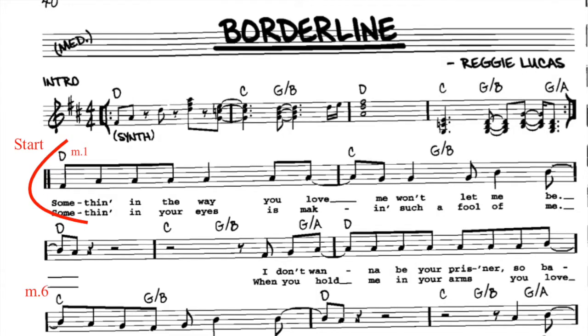You'll start, as usual, in measure 1 where the melody starts. The chord progression here is pretty fun, and pretty repetitive in the verse. It's a cool little chord progression with D, C, and G, basic chords, but we have this descent in the bass.